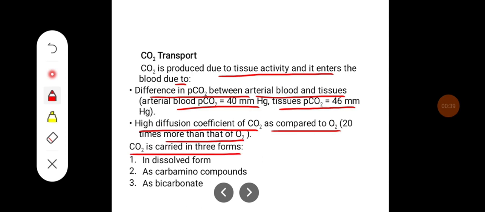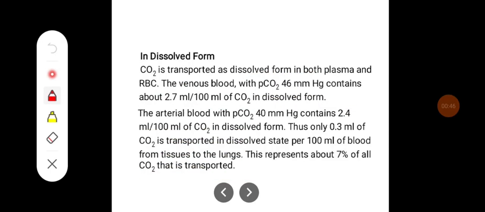Carbon dioxide is carried in three forms: dissolved form, as carbamino compounds, and as bicarbonate. Dissolved form: carbon dioxide is transported in dissolved form in both plasma and RBC. The venous blood with the PCO2 46 mmHg contains about 2.7 ml per 100 ml of carbon dioxide in dissolved form.